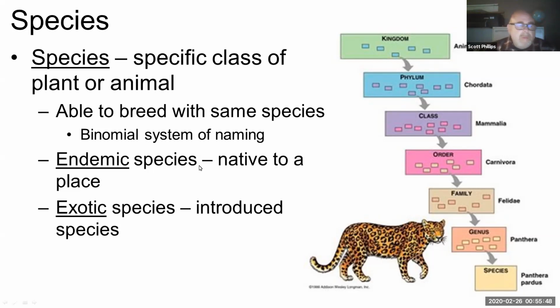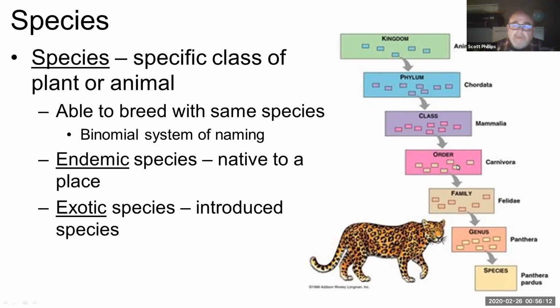And we have what's called a taxonomic way of dividing them up. The kingdom level divides up plants and animals and other things like fungi. So this leopard here is a member of the animal kingdom. It's part of the Chordata phylum, which means that it's a vertebrate. It has a backbone. And among the vertebrates, it's a Mammalia, which means it's a mammal.